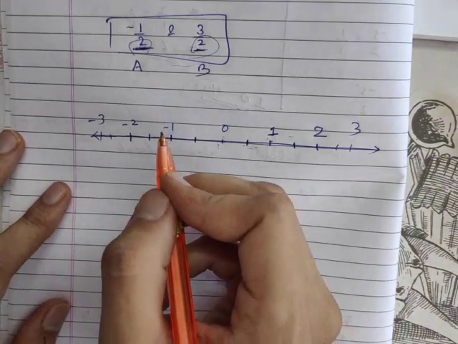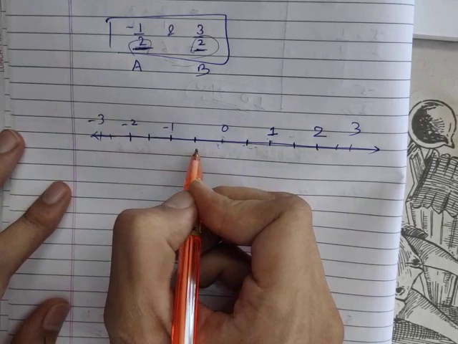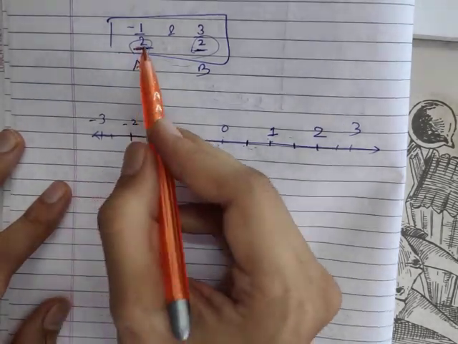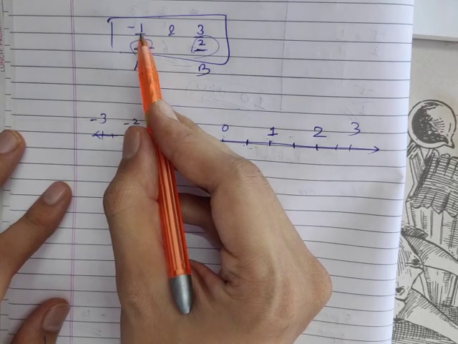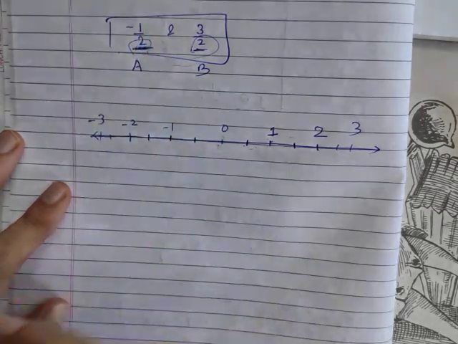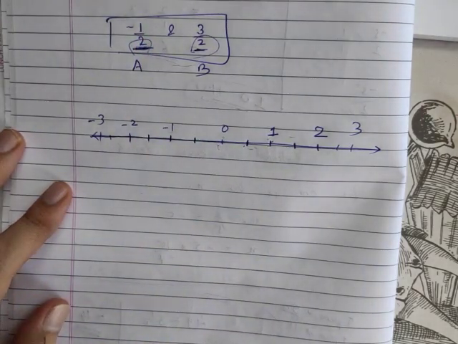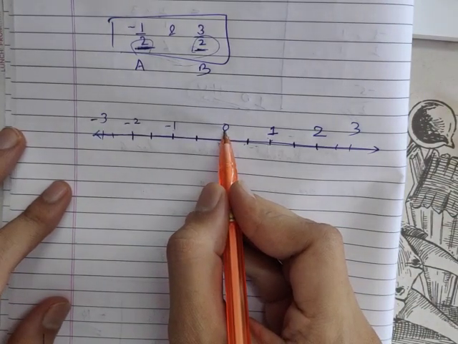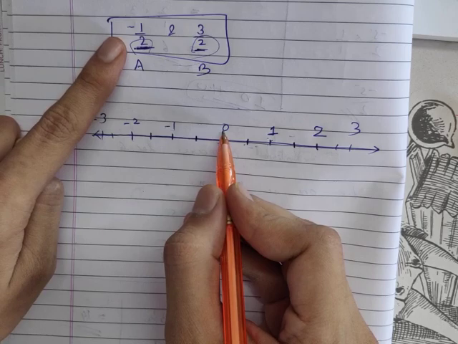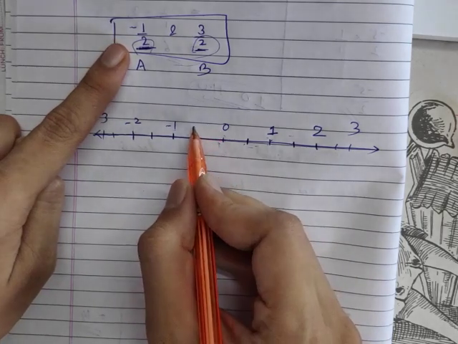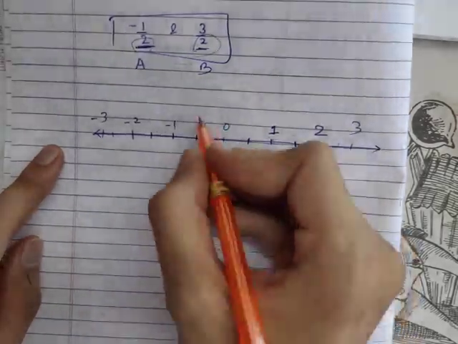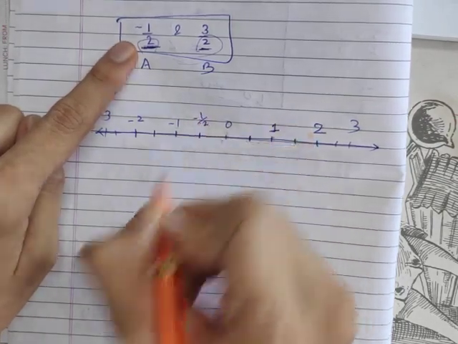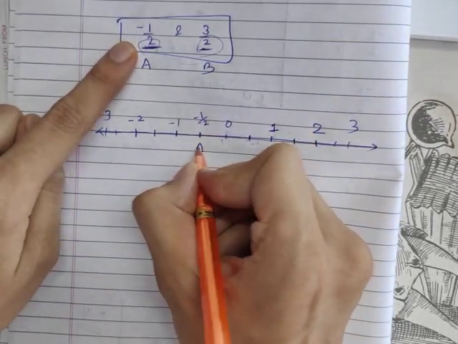Now, after making this number line this way, because the numerator is 1, from 0 I'll always start and travel a distance of 1. But because it is negative, I'll travel towards the left side. So here, this will be nothing else but -1 by 2. And I'll call this A.